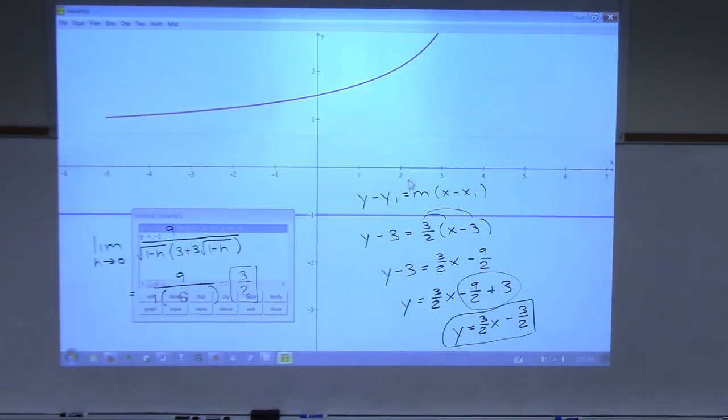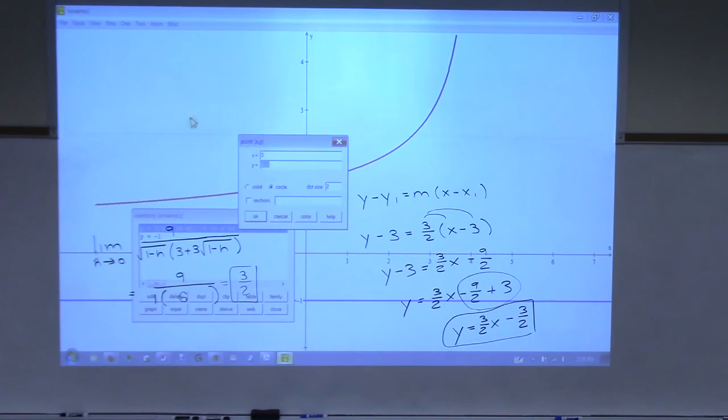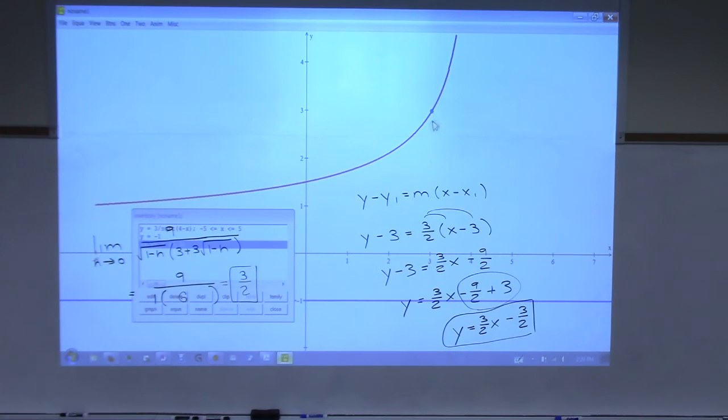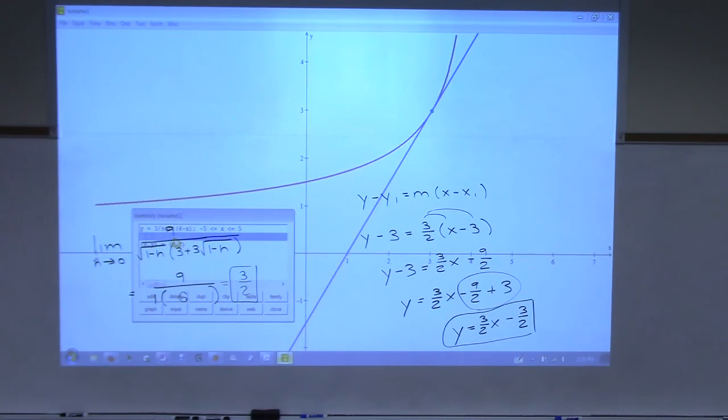And let me move out here so you can see it. 3, 3, it looks like 3, 3 is somewhere around here. In fact, I can have it plot a point for me real quick. 3, 3, solid. See, there's 3, 3. And now I'm going to have it plot 3/2 x minus 3/2. There we go.